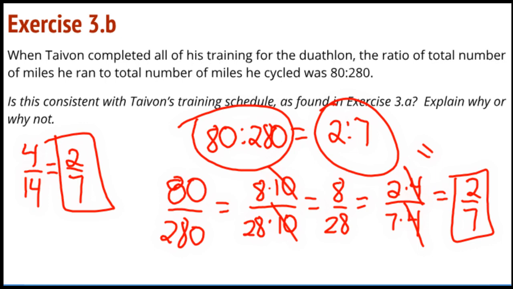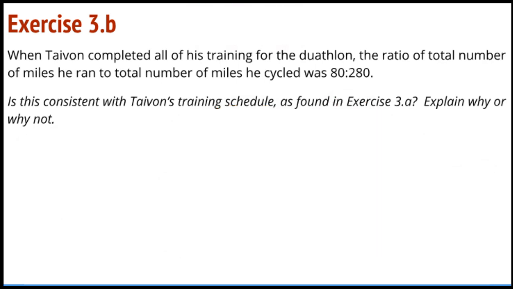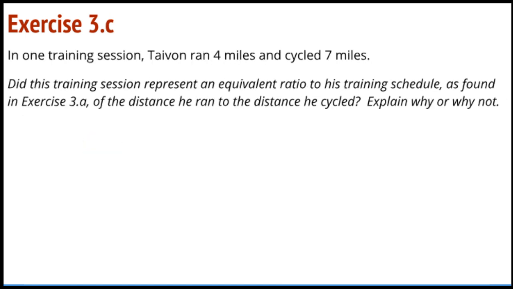All three of them are equal: 2 to 7 is equal to 4 to 14, which is equal to 80 to 280. Nice job, Tavon, sticking with your training schedule.